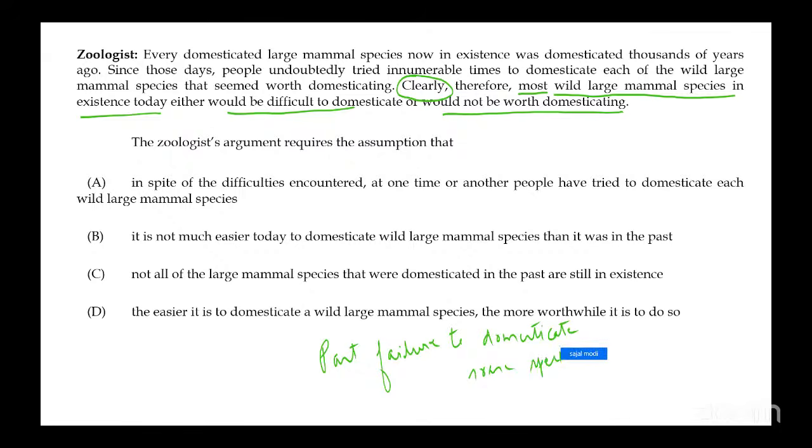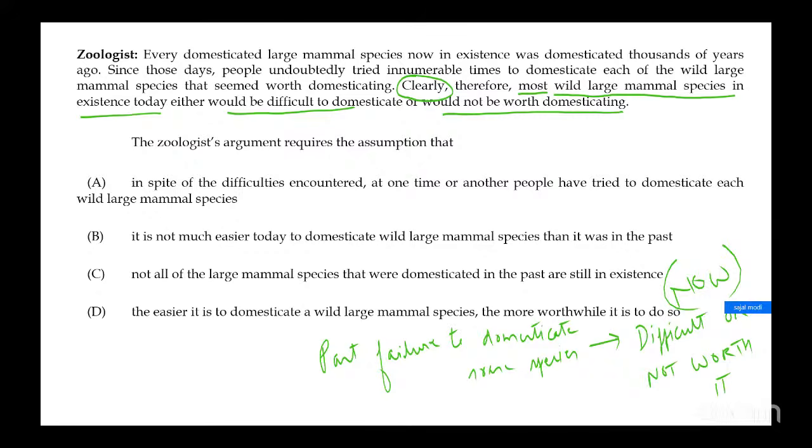From that, the author is concluding that either that would be very difficult now or not worth it, right? So it is talking of now.